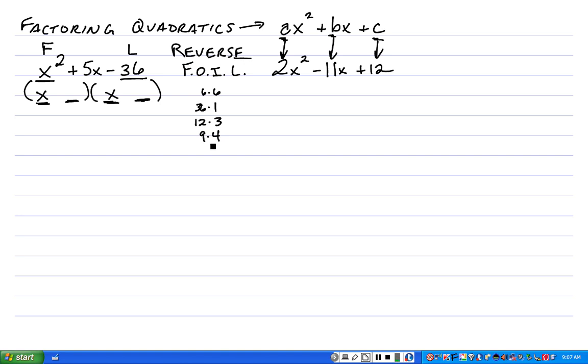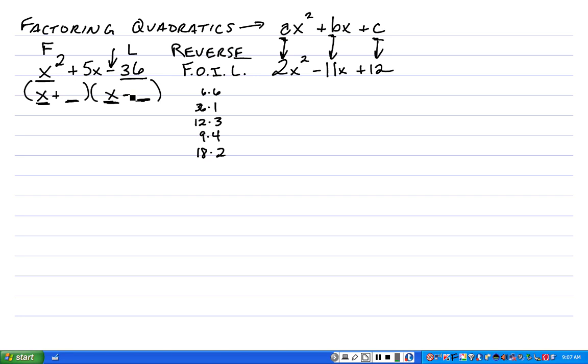What else do we have? 18 times 2. So we have a bunch of options, and the fact that the sign in second position is a negative sign lets me know that I'm going to have opposite signs in my binomials.